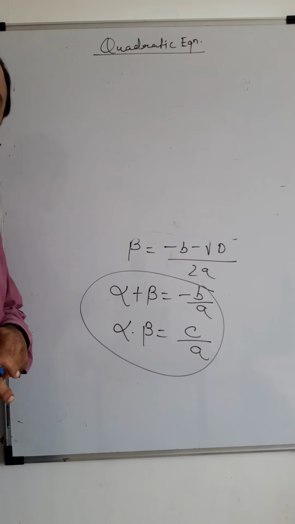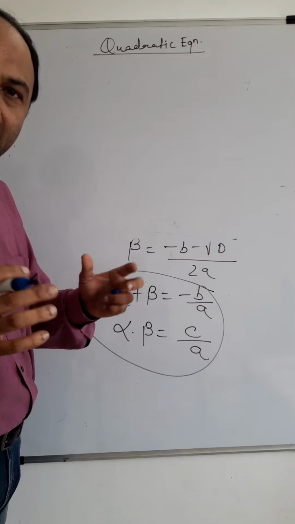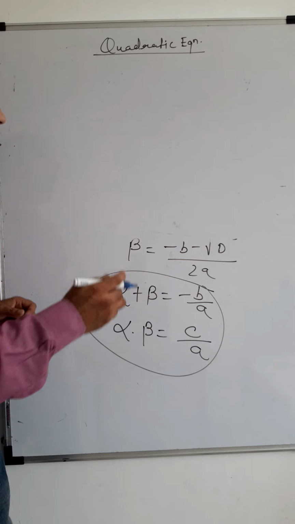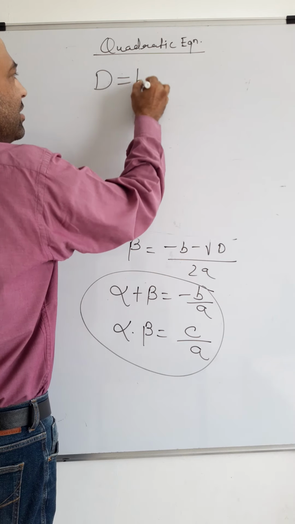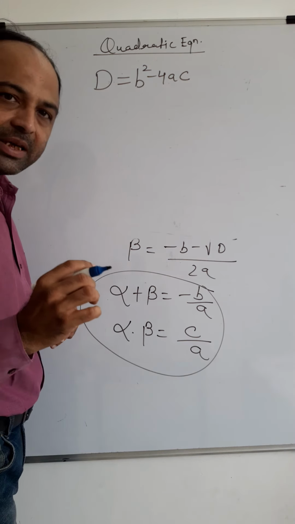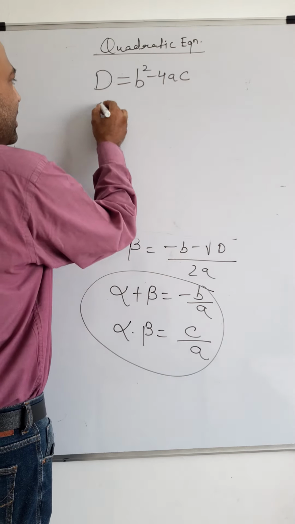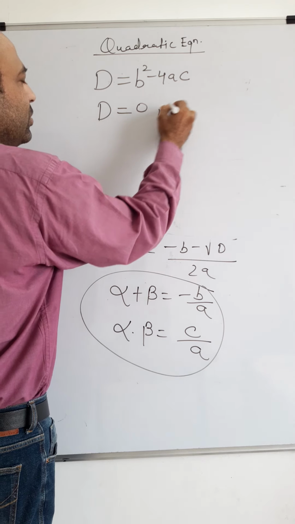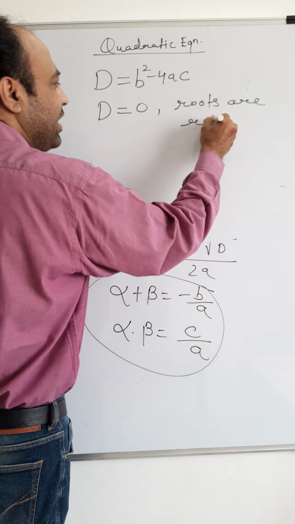Now, without solving any quadratic equation, we can come to know the nature of the roots, which is possible by this D, the discriminant, which is b square minus 4ac of the quadratic equation ax square plus bx plus c equals to 0. Okay? Now, D equals to 0, roots are real and equal.